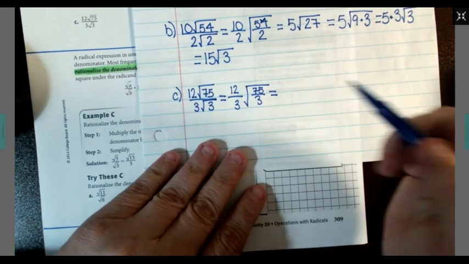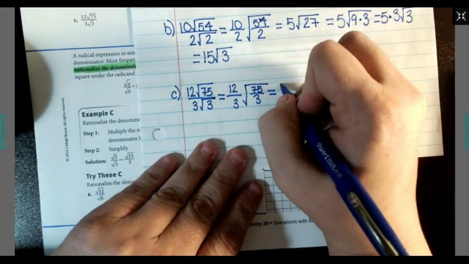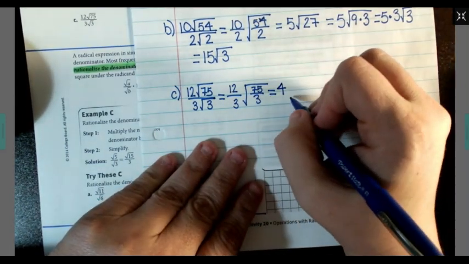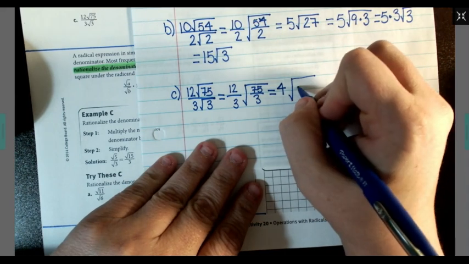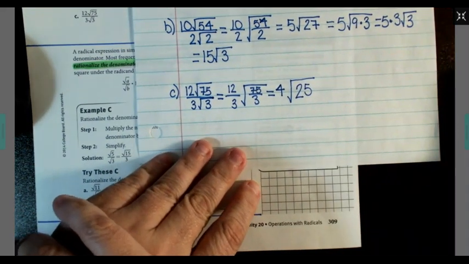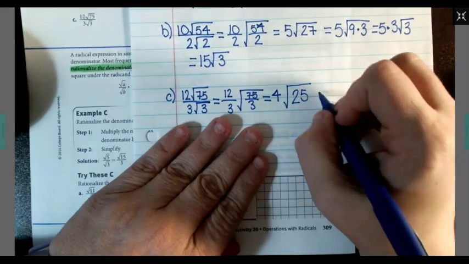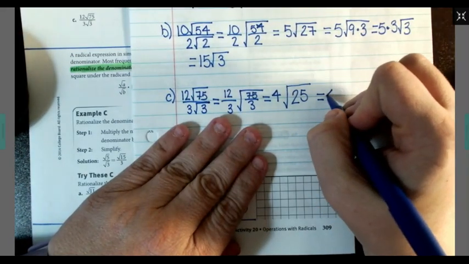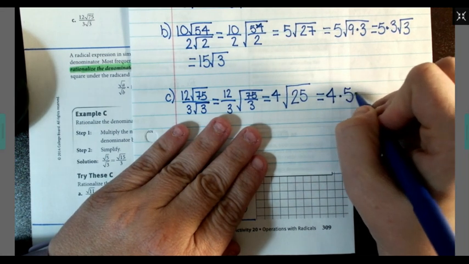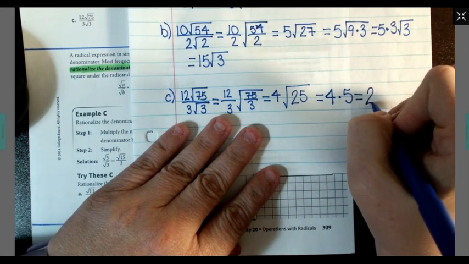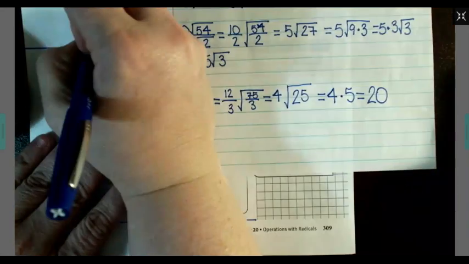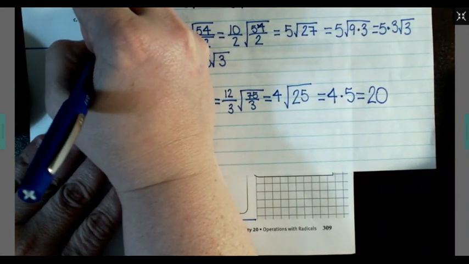What is 12 divided by 3? Should have gotten 4, right? What is 75 divided by 3? Should have gotten 25. 25 is a perfect square. Square root of 25 is 5. So now we've got 4 times 5, which is 20. So the answer to C is 20.